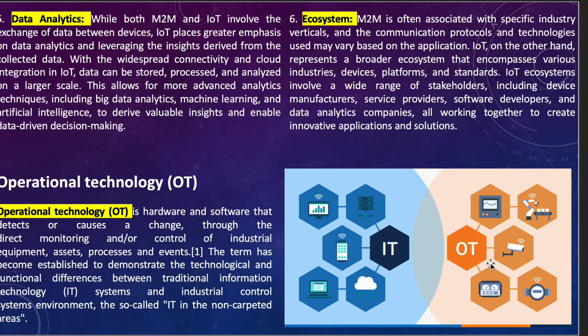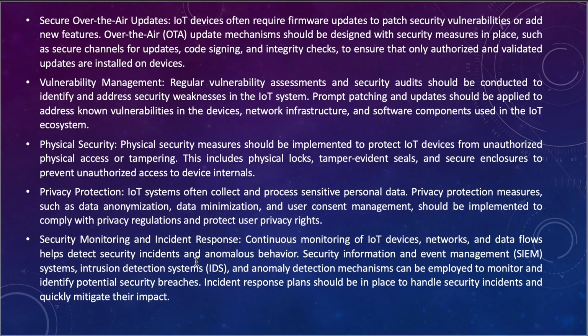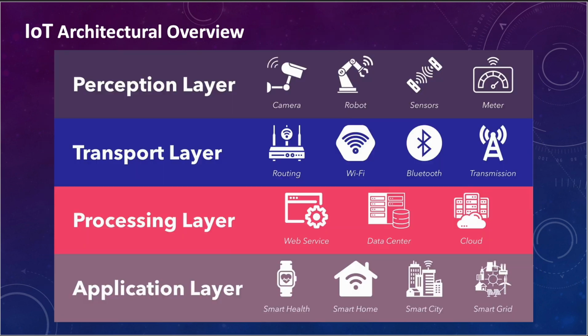So that means in the IT sector where there is vulnerability management, OT also has similar vulnerability management. The additional vulnerability management that is needed on this is basically for the perception layer, because the transport layer, processing layer, and the application layer already have those protocols in place.